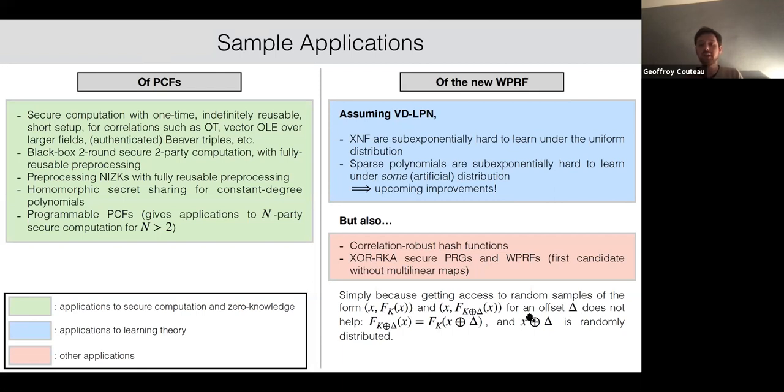And for random inputs, this is still randomly distributed. So under the same assumption, you get natural candidates for, say, correlation robust hash functions or XOR RKA secure pseudorandom generators and weak pseudorandom functions, which in the past were only known from, say, multilinear maps or very complex cryptographic assumptions. So it's an independent but quite cool application.